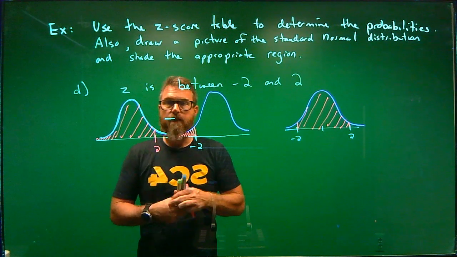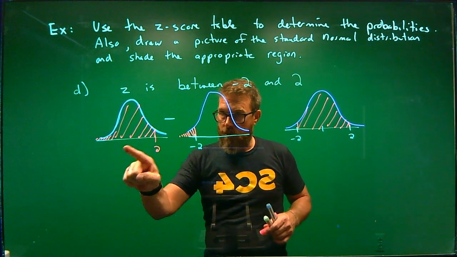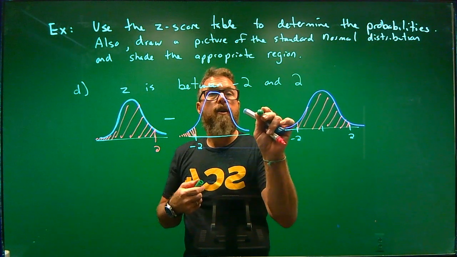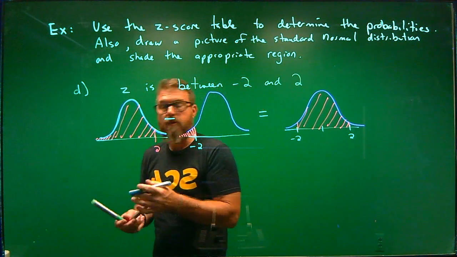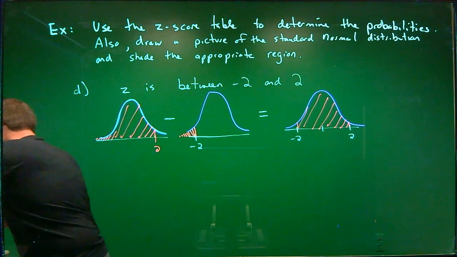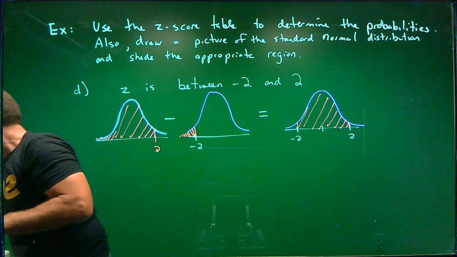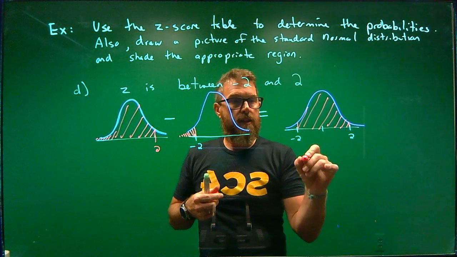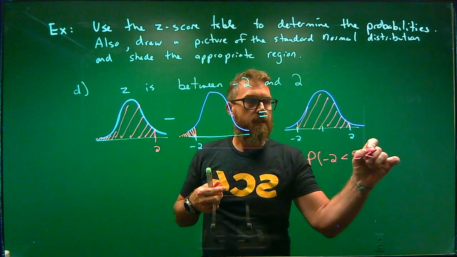So we can see if I have this area and I get rid of that tail there, that is going to give me this cumulative area between, which is the way we're going to have to do it with our table, since tables only give you area to the left. So let's find these particular areas. So I guess I'll do them in pink. So this particular area right here is the probability that -2 is less than z, which is less than 2.